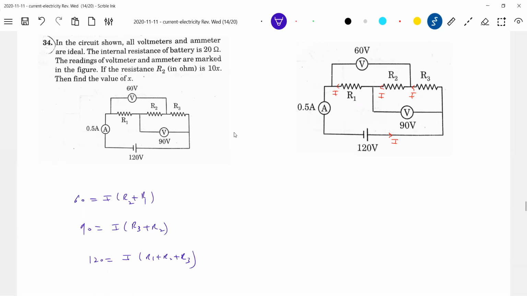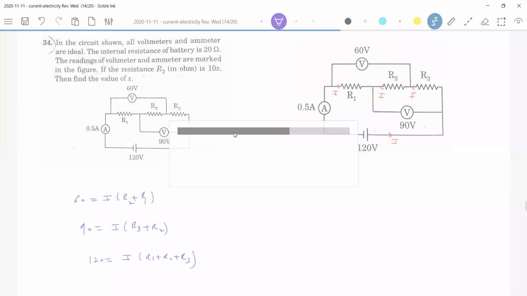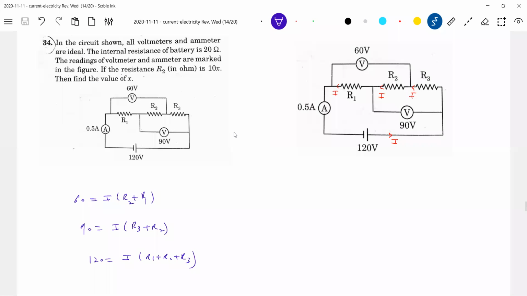Then you can find out all the values. R1 plus R2 is one equation, R3 plus R2 is one equation, and R1 plus R2 plus R3. So we'll get all the resistances. I is how much? 1.5. No? So here R1 plus R2 is 120.